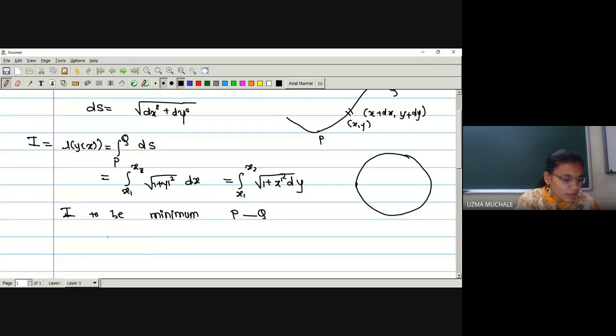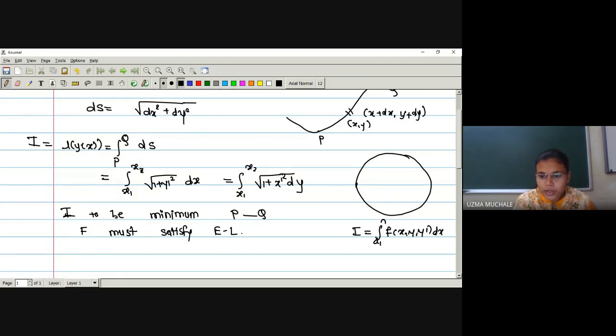So for I to be minimum, or rather extremum, the integrand f must satisfy the Euler-Lagrange equation, correct? By our last formula, I is the integral of f of x, y, y dash dx.